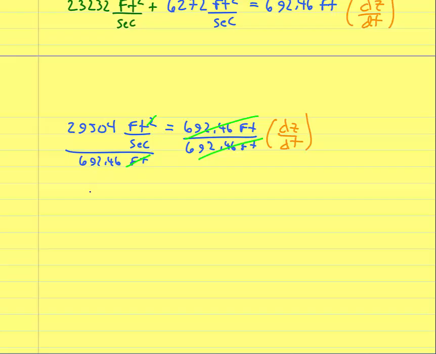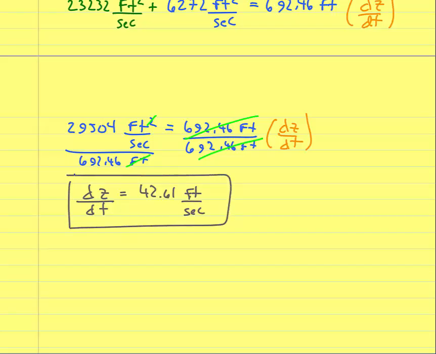So dz dt, that change in distance between the hot air balloon and the motorbike, would equal 29,504 divided by 692.46, and I end up with dz dt equals 42.61 feet per second. Now this is not how far apart they are, this is the change in their distance apart at 6 seconds.